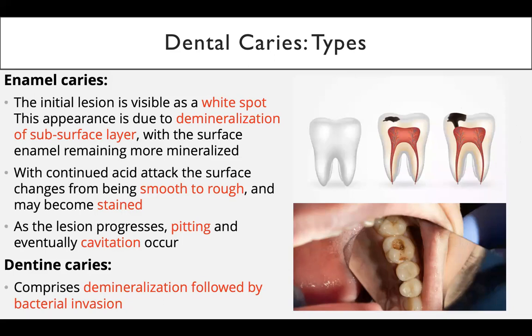Its texture changes from smooth to rough, becoming stained. If the lesion progresses, then pitting and eventually cavitation occur. Perfect. So you just use the red demarcation and you explain everything about it. This is what I want you to remember. Perfect. Good job.